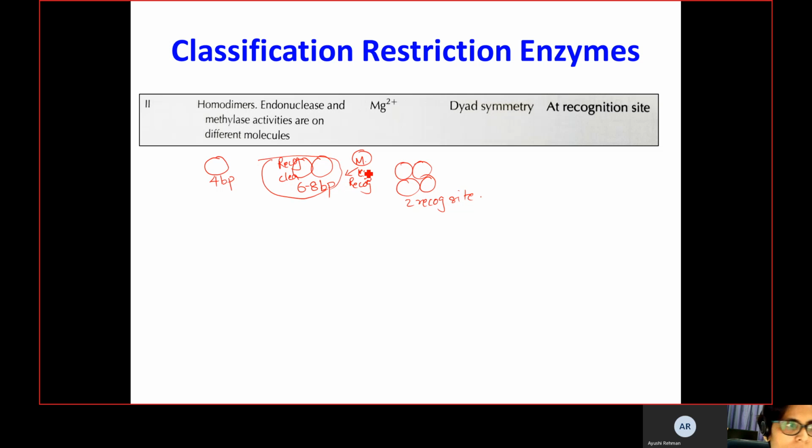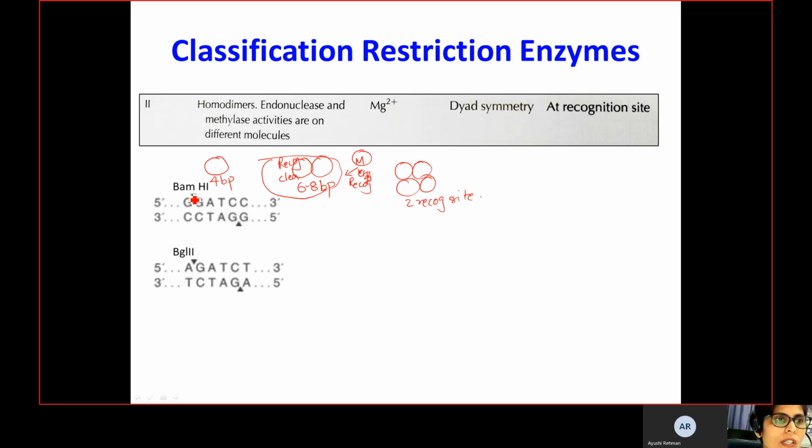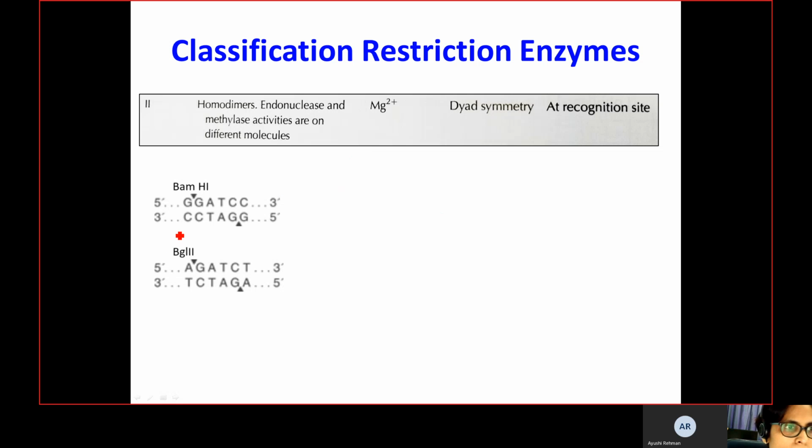I want to show you an example where the enzyme has evolved a different mechanism for binding and cleaving. For example, here you have BamHI and BglII, which recognize 6 base pair targets with 4 central bases, GATC, in common.